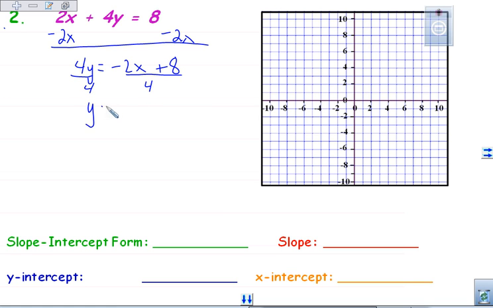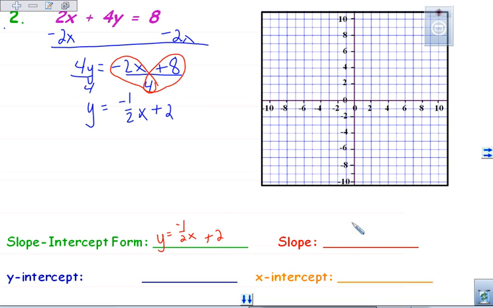So I get y equals, and then over here, negative 2 over 4 is really negative 1 half x, and 8 over 4 is really 2. So there's the trick that we just used. It's called the distributive property. We have to divide the 2 by 4 and the 8 by 4, and then I reduce my fraction. So slope-intercept form is y equals negative 1 half x plus 2.